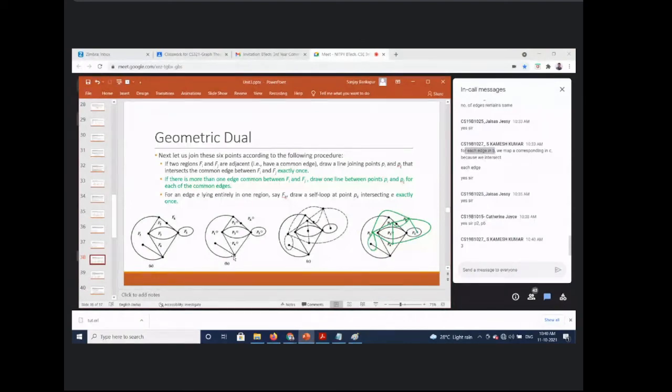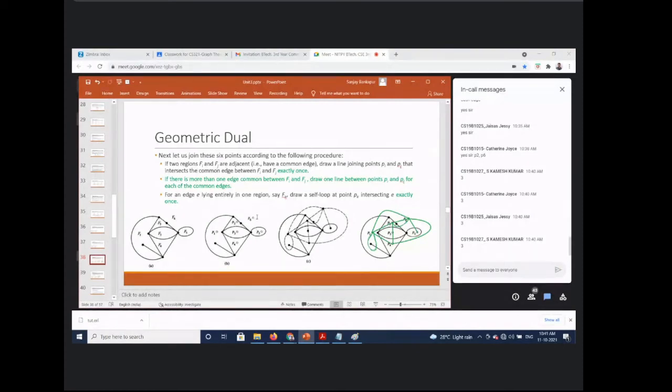There are 3 edges making the region P4. So if we closely observe, what is the degree of P4? Yes, the degree and the boundary. The number of edges making a region boundary will make its degree in the dual graph. And vice versa is also true.